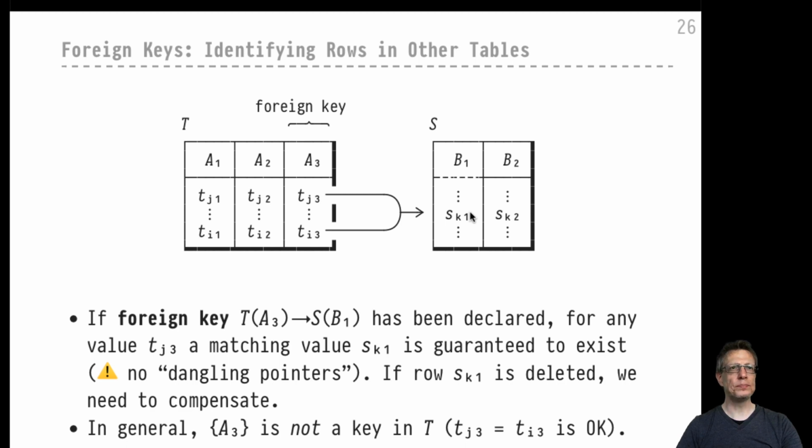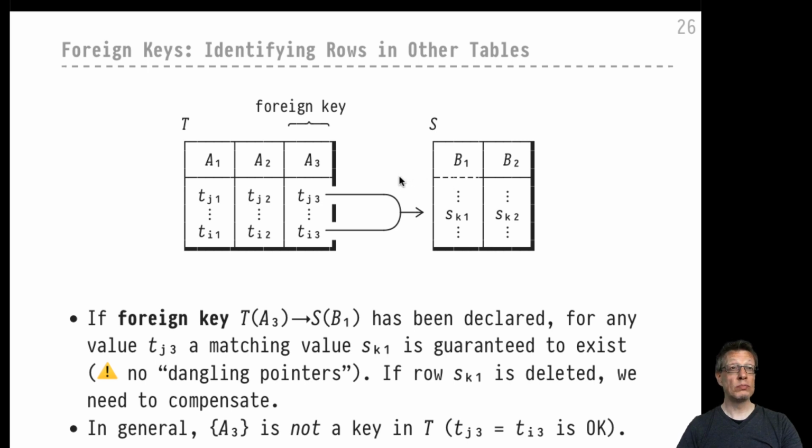That's perfectly fine. A nice thing about this construction is that, again, the database system will make sure that we don't point into nirvana. We will be protected from the presence of dangling pointers. Entering a particular value here that doesn't occur in the key column of table S will be inhibited by the database system.